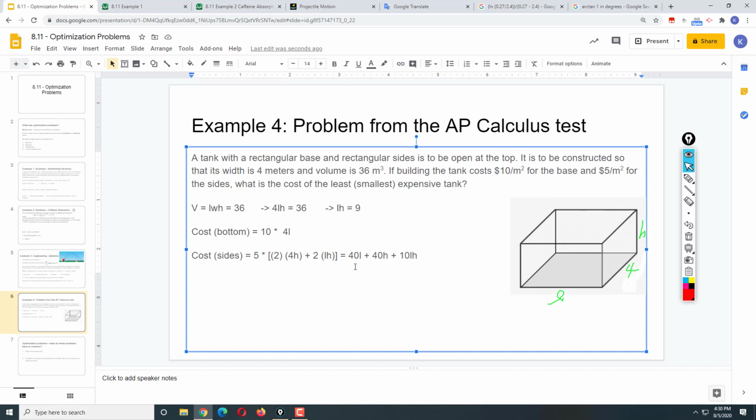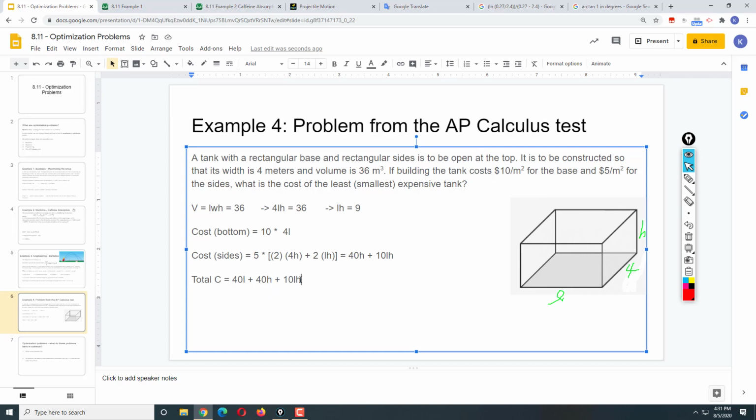Technically, the total cost is going to be 40L plus 40H plus 10LH. That's the total cost. That's the thing we want to minimize. Now, we have 2 variables here.